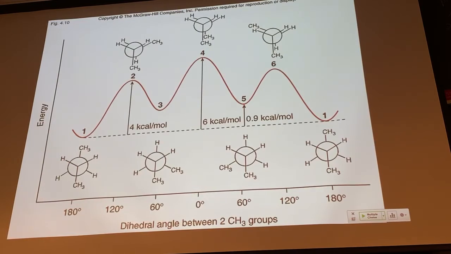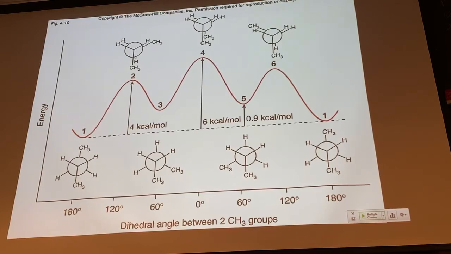Okay? So with butane, the same principles apply as with ethane. We can sample all the available conformations because 6 kcal per mole is much less than 20. But at any given instance, we'll find the vast majority of our butane molecules in that staggered conformation, and then some in the gauche, and very, very few in the eclipsed conformations.